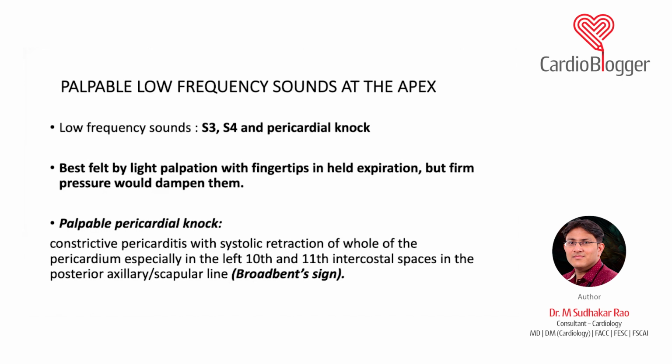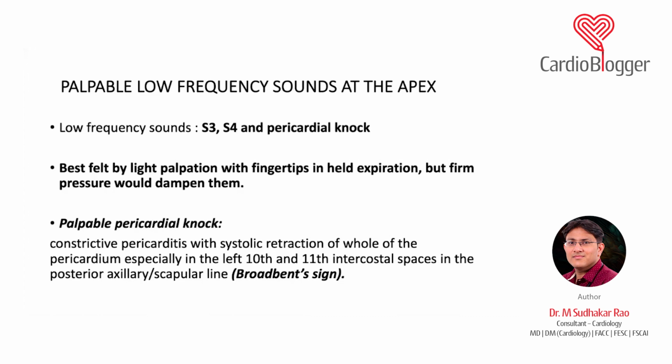The one important differential diastolic event is a pericardial knock, which is usually palpable as compared to the tumor plop and opening snap, which are though diastolic sounds and can rarely be palpated. The pericardial knock is the best palpable event in diastole, and it is usually palpated at the 10th and 11th intercostal space on the posterior axillary line or the scapular line.